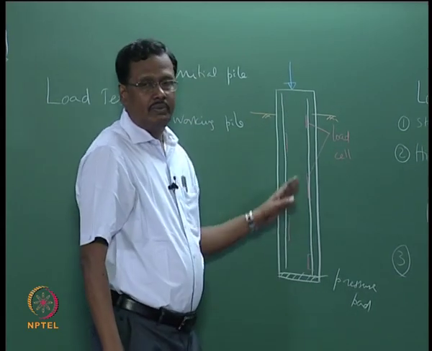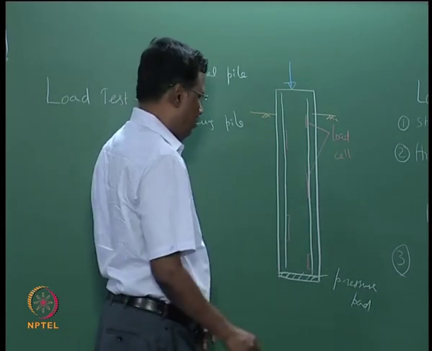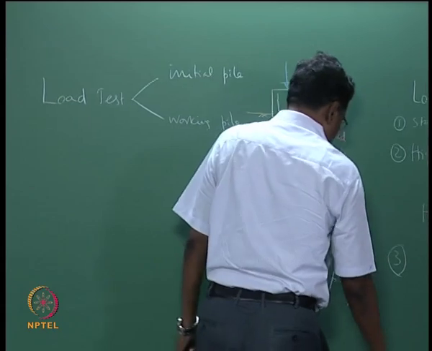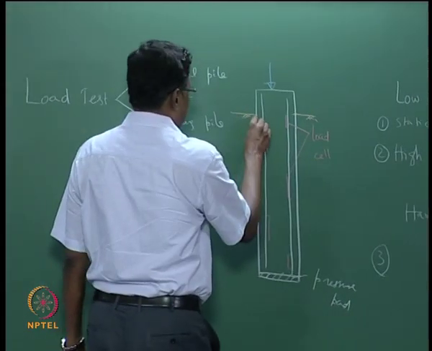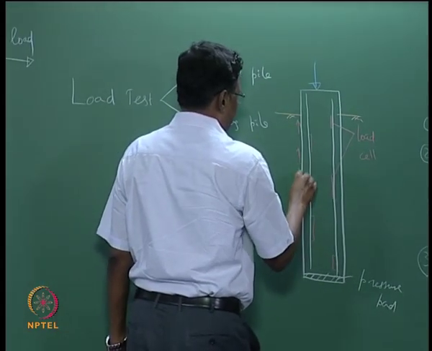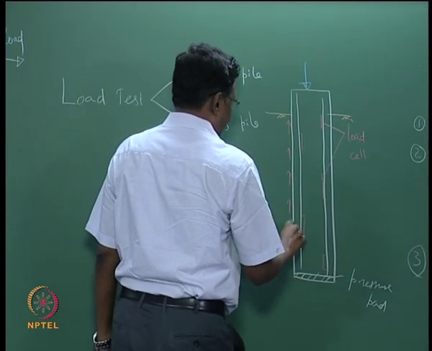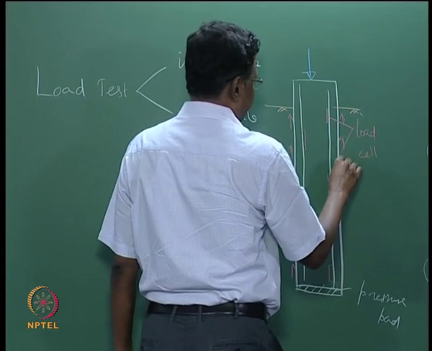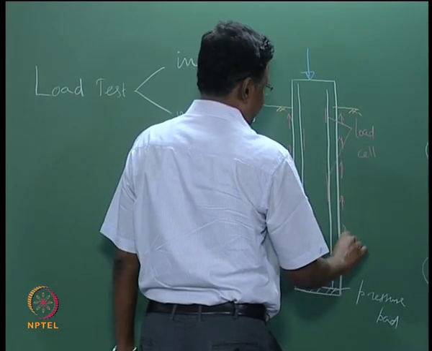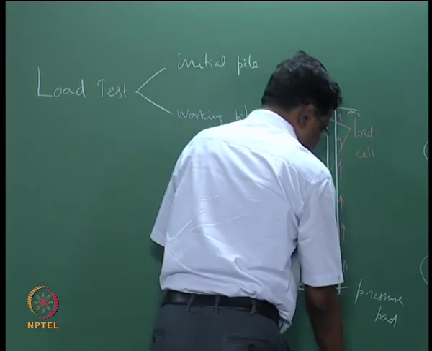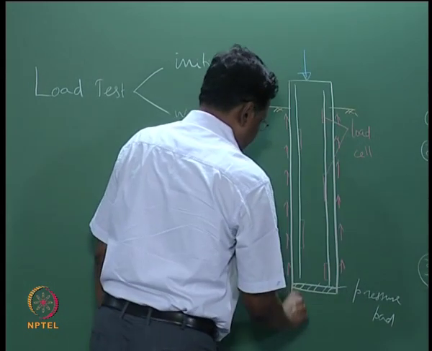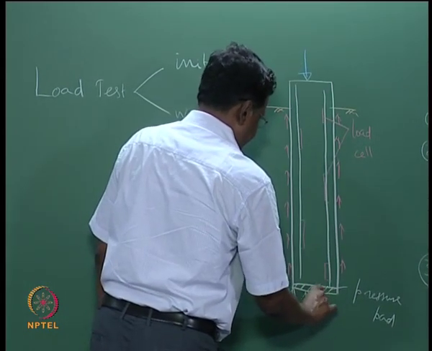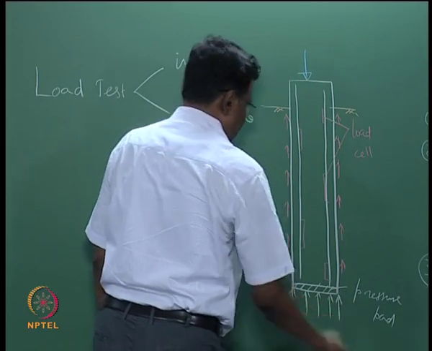So suppose this is your soil level, there are two methods by which the load is transferred. One of the methods is skin friction, which will act on the side, another one is the end bearing that will take place on the bottom.